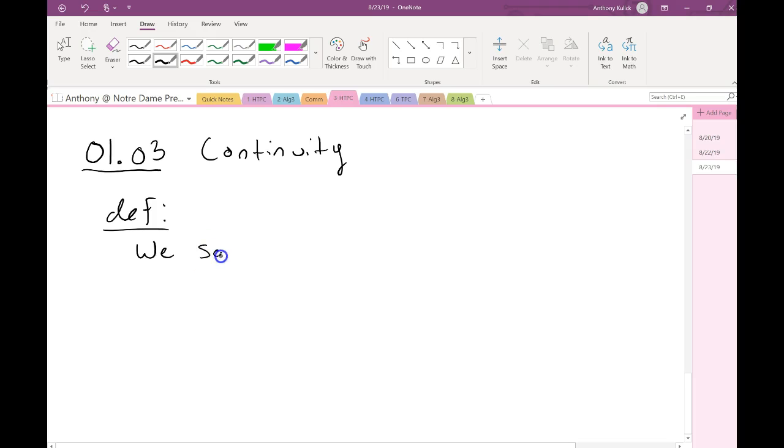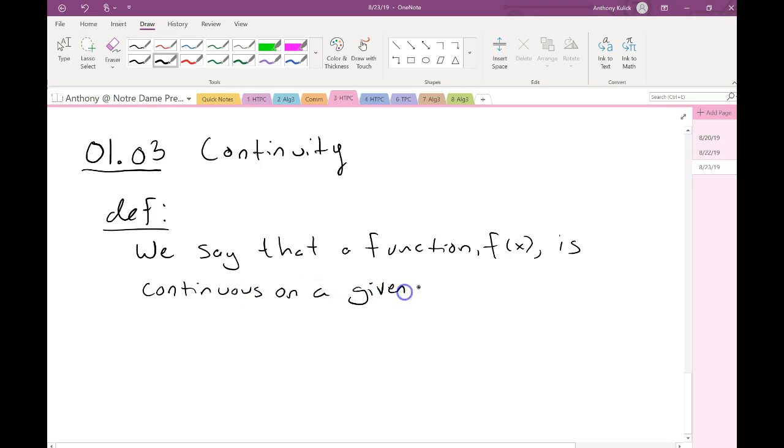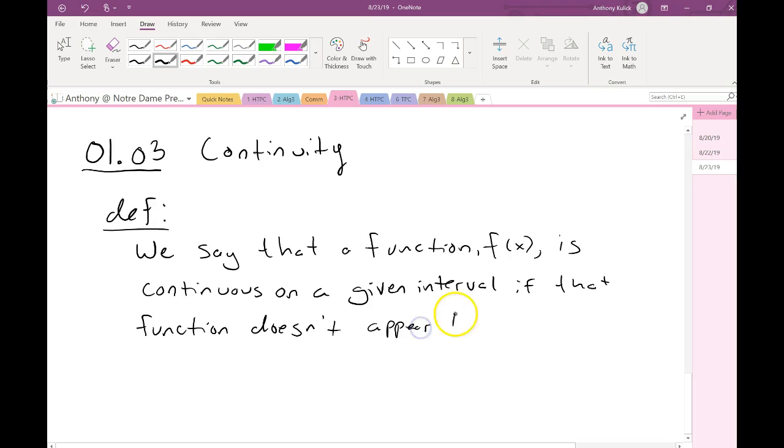We say that a function, and that function I'll refer to as f of x, is continuous on a given interval if that function doesn't appear to break at any point on the interval.